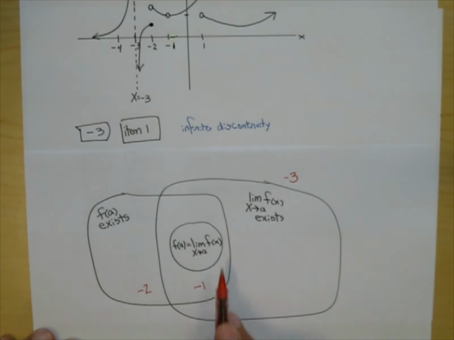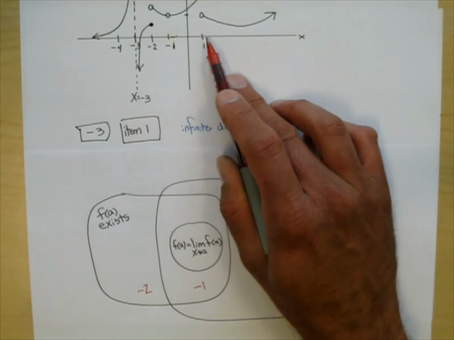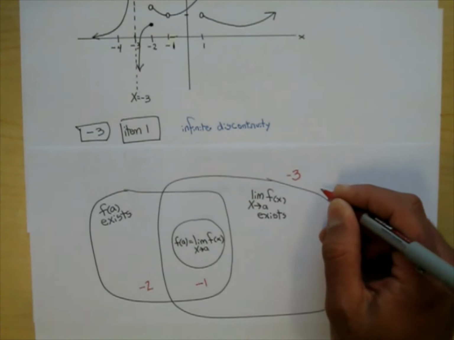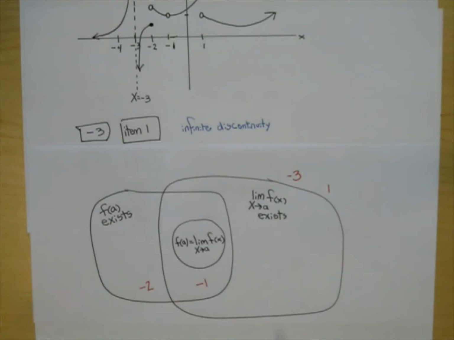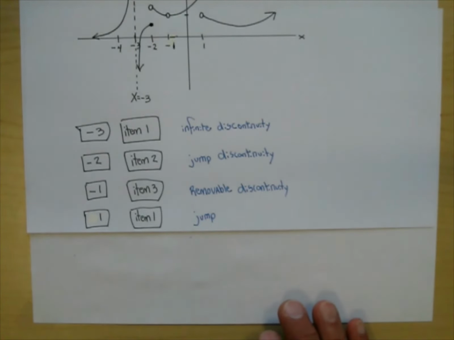Now inside here would be all the points where the graph is continuous. But the discontinuities are outside that middle circle. And then for 1, f of 1 didn't exist and the limit didn't exist. So 1 can go out here. It's outside everything. If this doesn't make sense, don't stress out about it that much. But I'll include that in the PDFs.